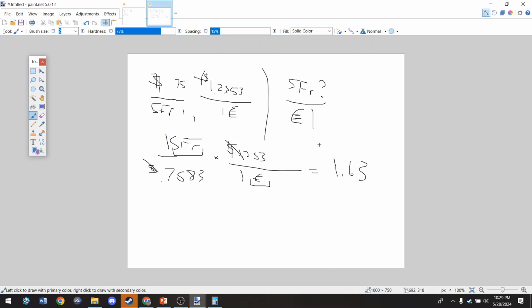What is it? It's Swiss francs. So let's see if this makes sense. We know that the Swiss francs cost 75 cents to buy, so they're on sale for Americans. So if I take some dollars, I can turn it into quite a few francs. And euros are not on sale. I can turn euros into a lot of dollars. So as an American, I will experience a decline in the total units of currency when I go to euro.